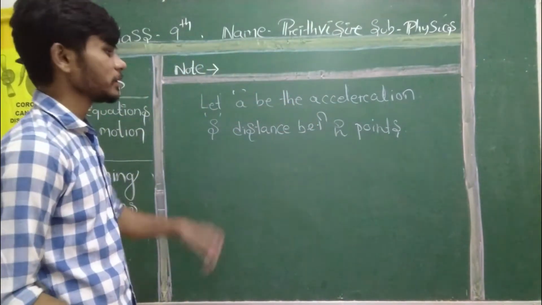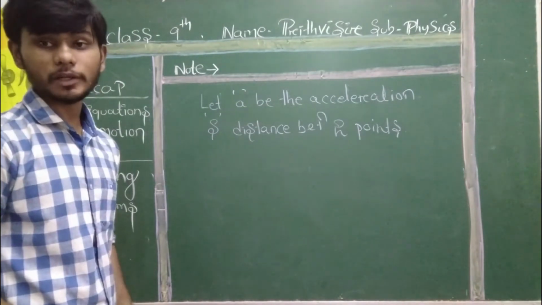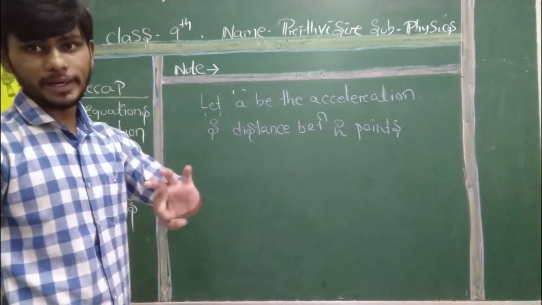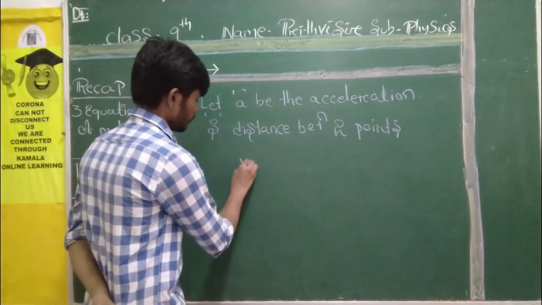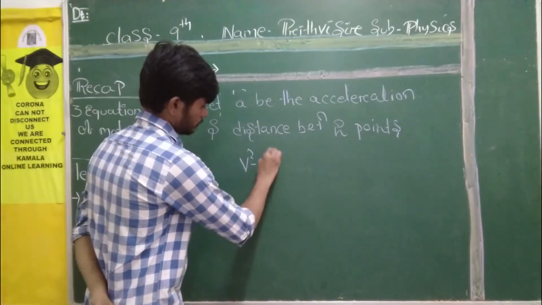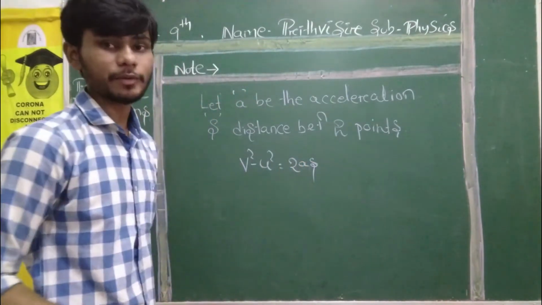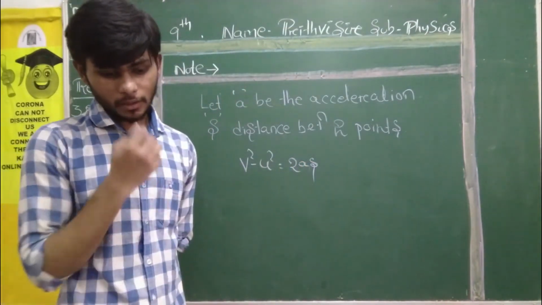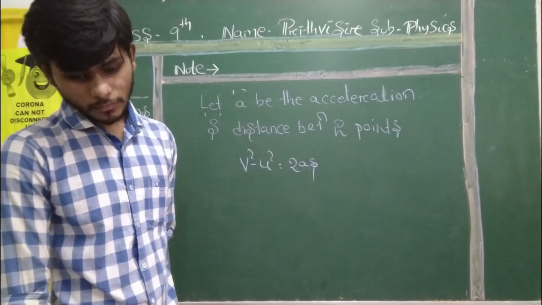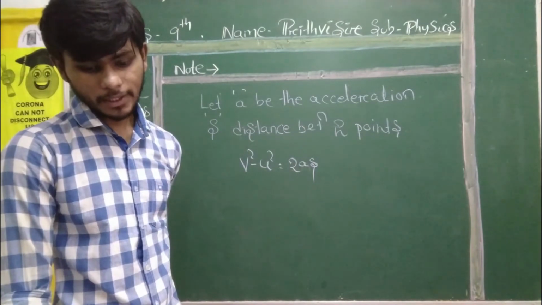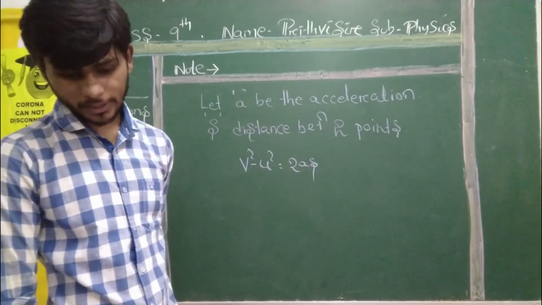Then according to our equation of motion, the third equation of motion, which has a relation between V, U and S. Now, let V0 be the speed of the body at midpoint M of the given points.